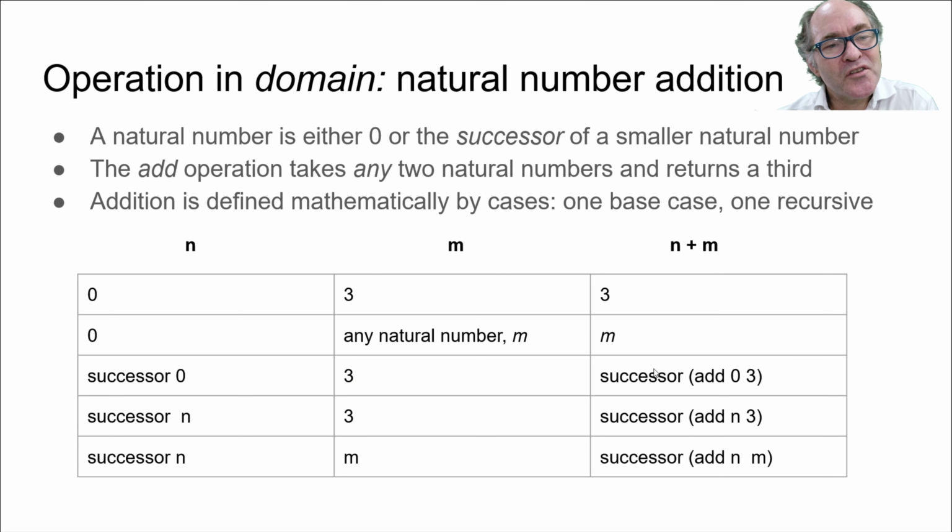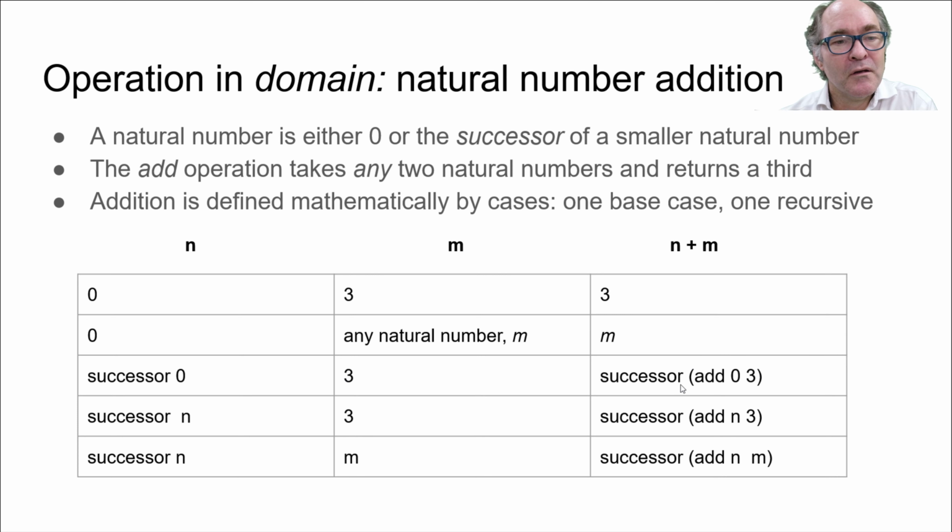But a more interesting way to think about it is the sum of the successor of 0 and 3. And I want you to repeat this 10 times to yourself. I'm going to say it slowly. The sum of the successor of 0 and 3 is the successor of the sum of 0 and 3.